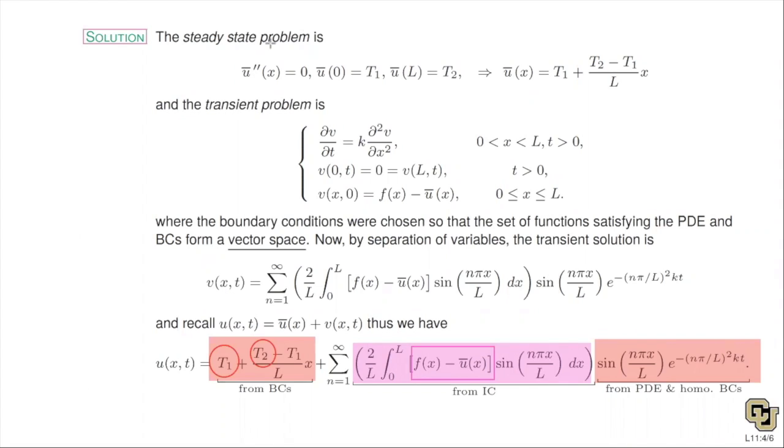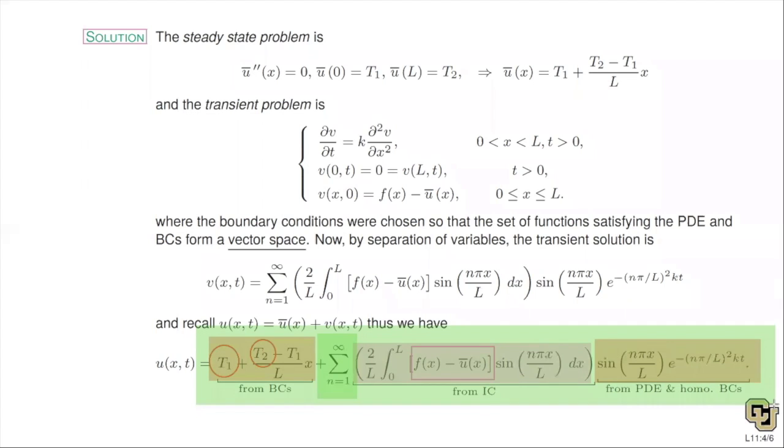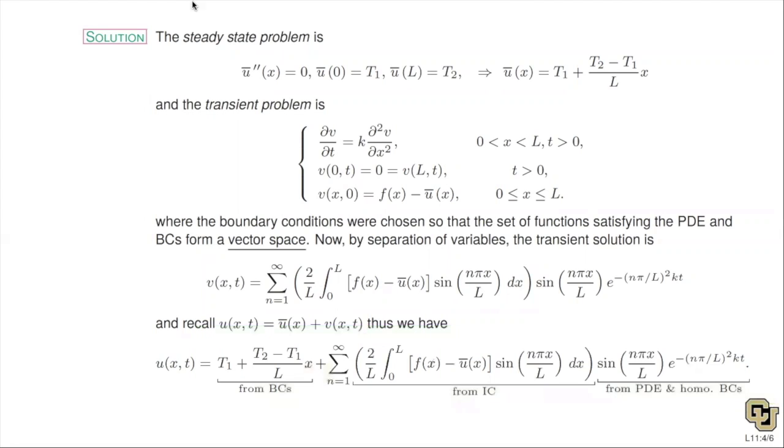And the reason we're able to finally stitch the entire solution together, to sum a linear combination and add the two together, is the vector space theory, the superposition, that allows us to cobble together this formal solution of the PDE, which has been created mathematically to solve the problem.